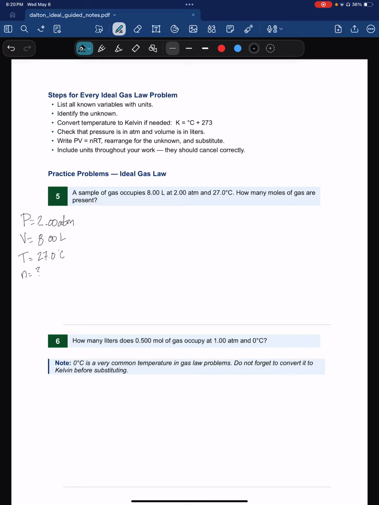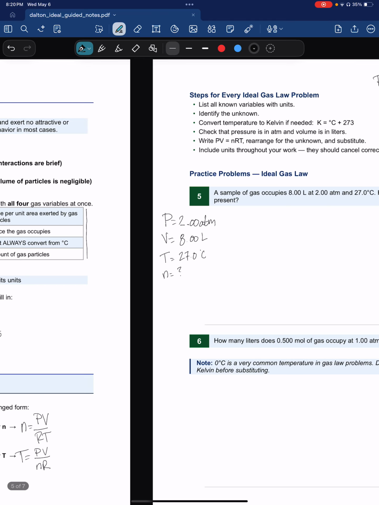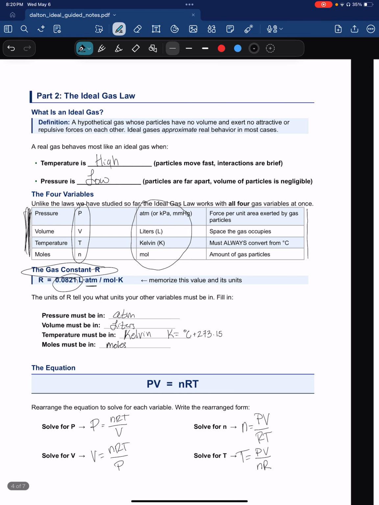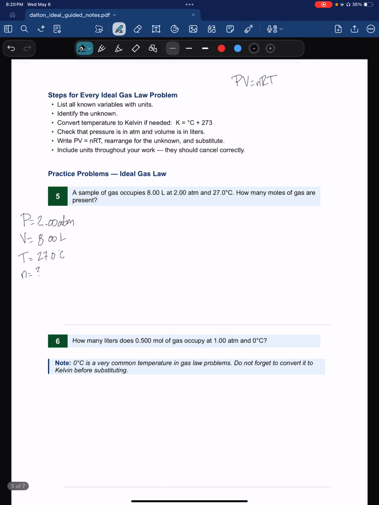Great. For your reference, what you might want to do at this point is write the ideal gas law up here. PV equals nRT, PIV-NERT. Also, if you don't remember what the gas constant is, you're going to want to go ahead and write it down.